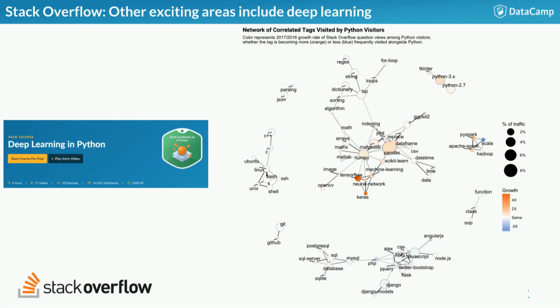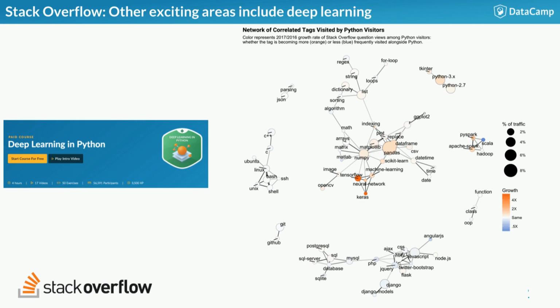Now I want to zoom in a little bit deeper on Python's growth and the Python ecosystem by looking at the correlations between different tags. What we're looking at here is what are the tags on Stack Overflow that Python visitors are also visiting. And you see a couple of interesting patterns emerge here.